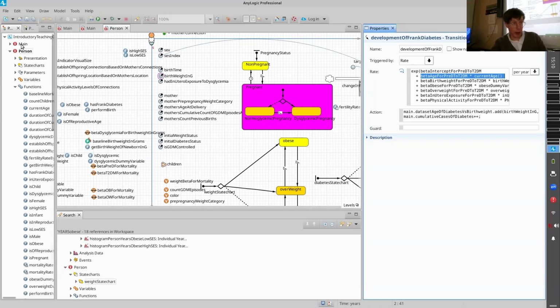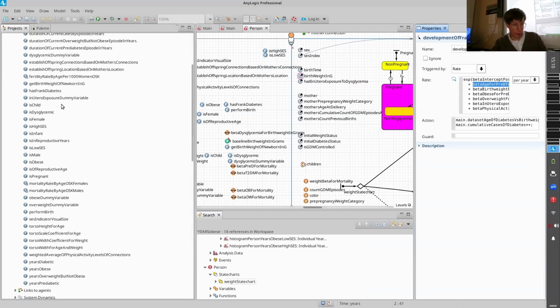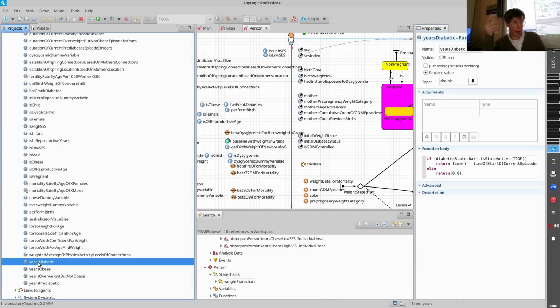And if you go and you look at a person and you look at the functions available for the person, you will find that there are some aspects of their history which are accumulated and can be used to characterize their evolution, or as summary measures characterizing the population for outcomes or for calibration.